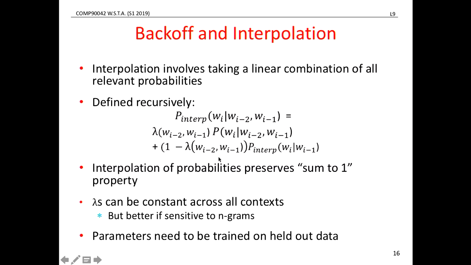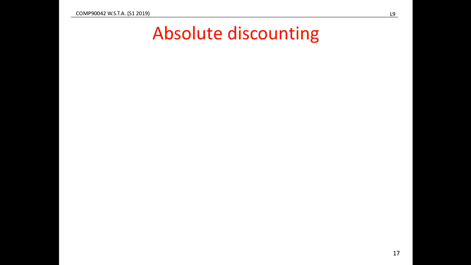Oh, sorry, you want to interpolate with the lower order model. Okay, so these interpolation probabilities must sum to 1. So this constant, this lambda, is between 0 and 1. It can be constant, and this is what I just said. And the way we train these parameters, these lambdas, is a bit complicated. Expectation maximization is often used as the algorithm for fitting these to data. And I won't go through that. You can read about it if you're interested.